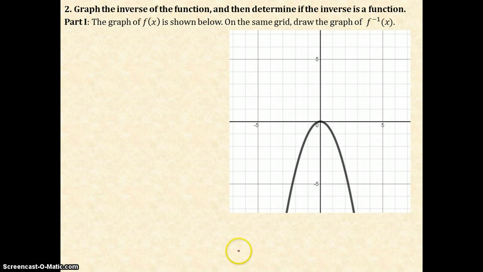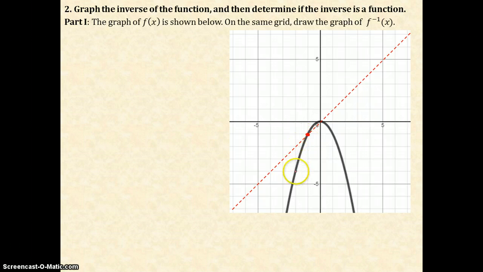So for number 2, we're going to graph the inverse function of the function that's shown here. Now you may recall that the graph of an inverse is a reflection across the line y equals x. So what we want to do is pick some points on the original graph and reflect them across the line y equals x. So here's a point, negative 1, 1, and when I reflect that across, it's negative 1, 1.